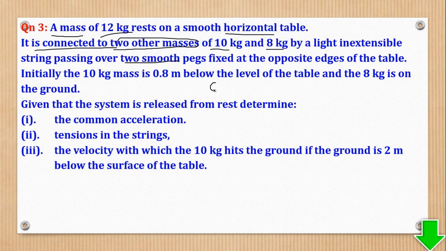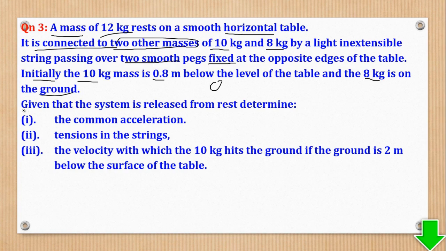Pegs in math means a circular surface fixed at the opposite edges of the table. Initially, the 10 kilogram mass is 0.8 meters below the level of the table, and the 8 kilogram mass is on the ground.